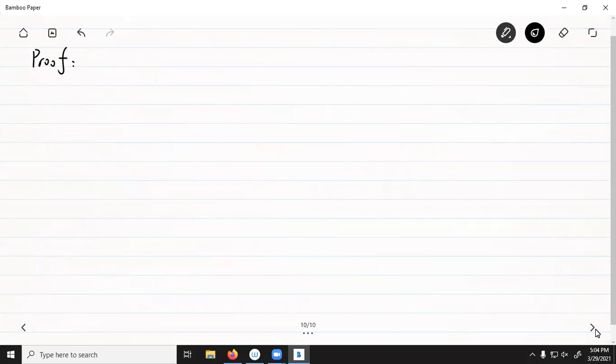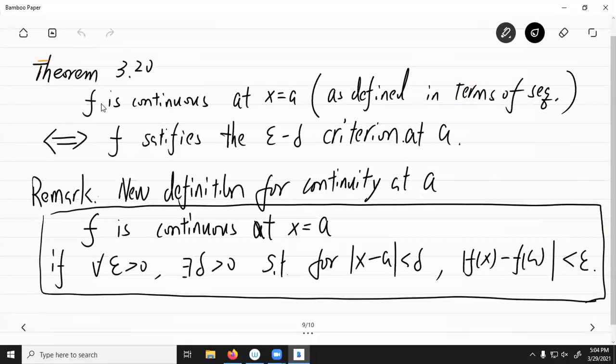Let's look at this direction. We know that f is continuous at x equals a as defined in terms of the sequence, and we want to know whether f satisfies the epsilon delta criterion.